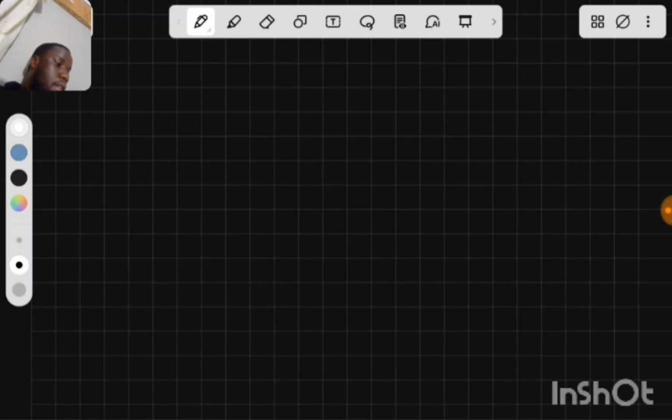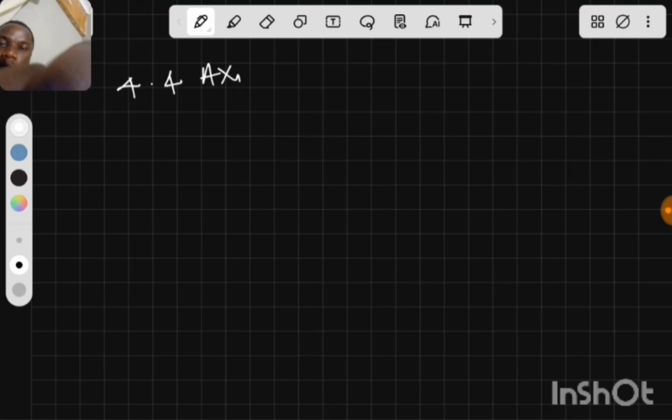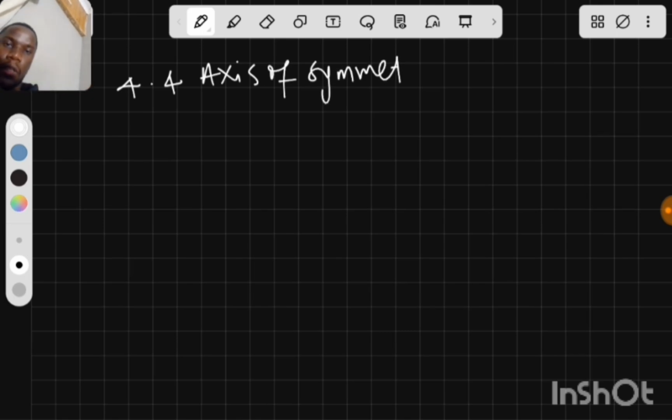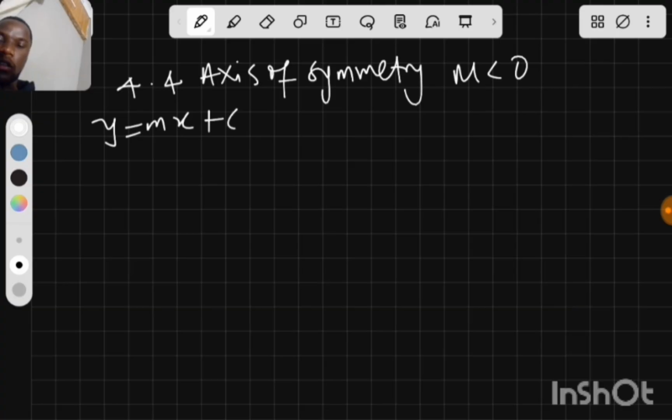And let's look at 4.4. As always, 4.4 is to determine the equation of the axis of symmetry, where m is less than 0. Already consider our axis of symmetry has a negative gradient, which is represented by y equals mx plus c.